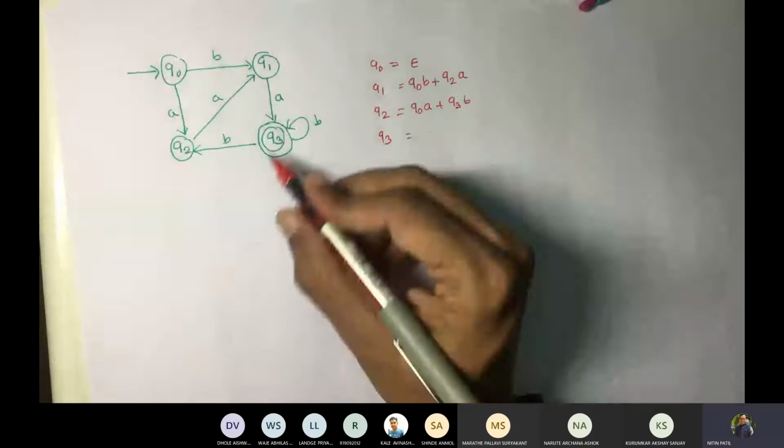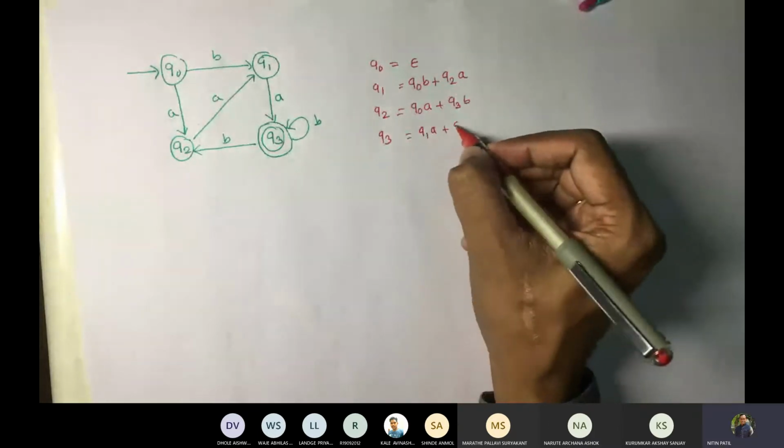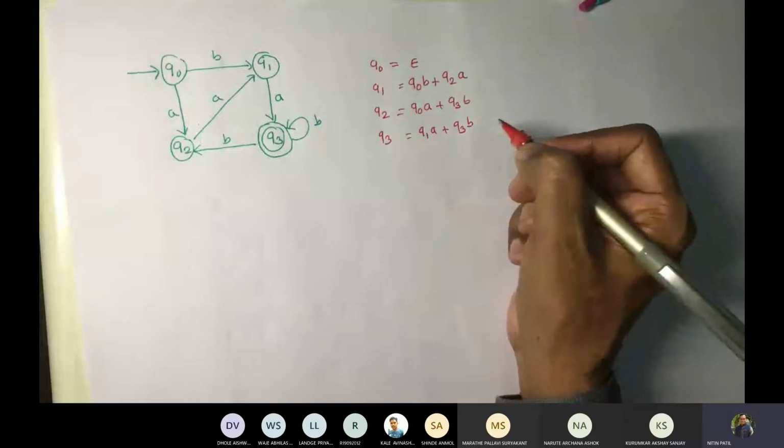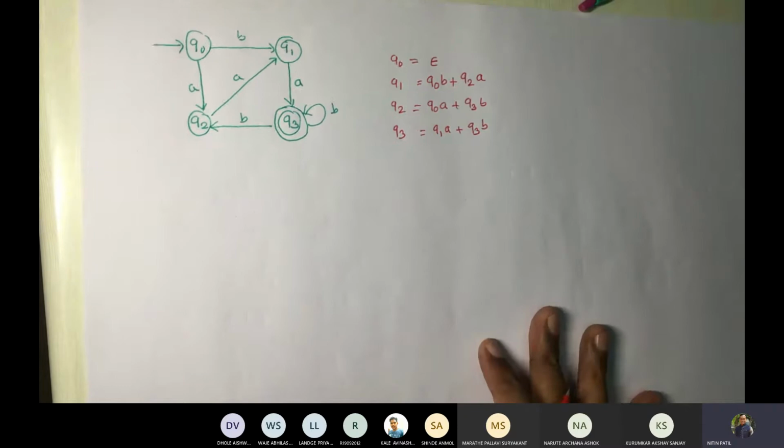And for Q3, there are two incoming transitions, so we'll write Q1A plus Q3B. So these are our equations which we formulated by considering the initial and final state, as well as the incoming transitions.